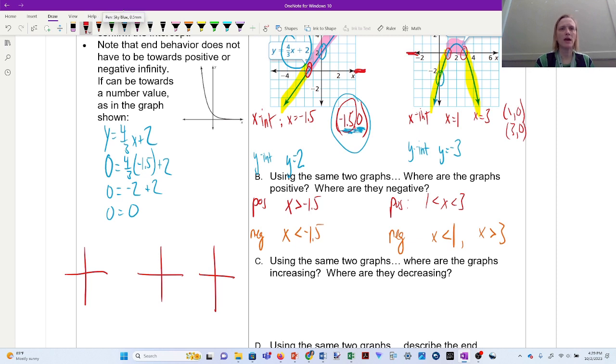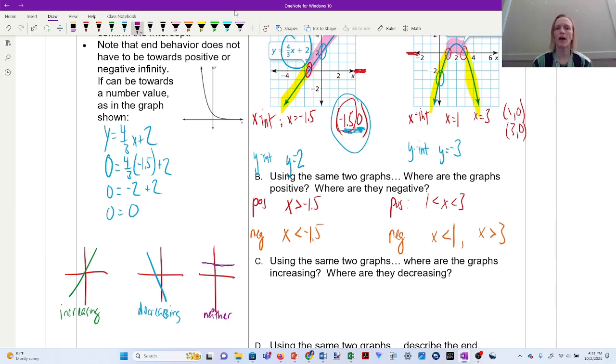We will have a positive slope if y increases as x increases, so we'll call this an increasing graph. And then if y decreases as x increases, that's called a decreasing graph. And then you can also have a graph that's neither increasing nor decreasing. It's just a flat graph with a zero slope.